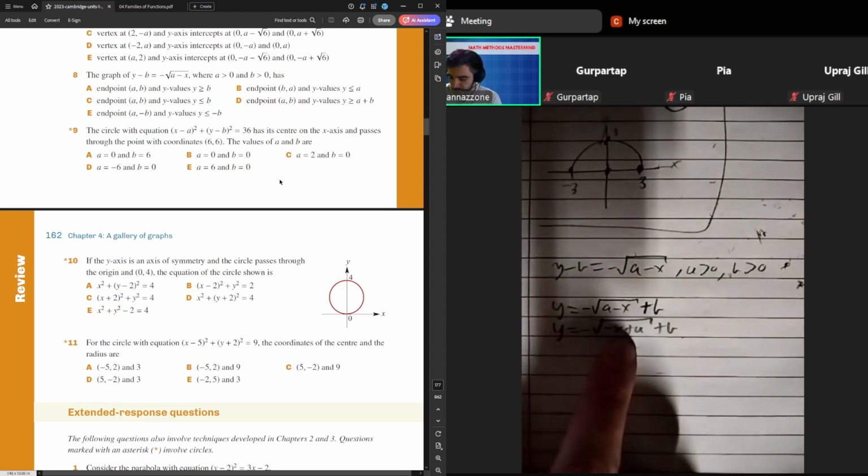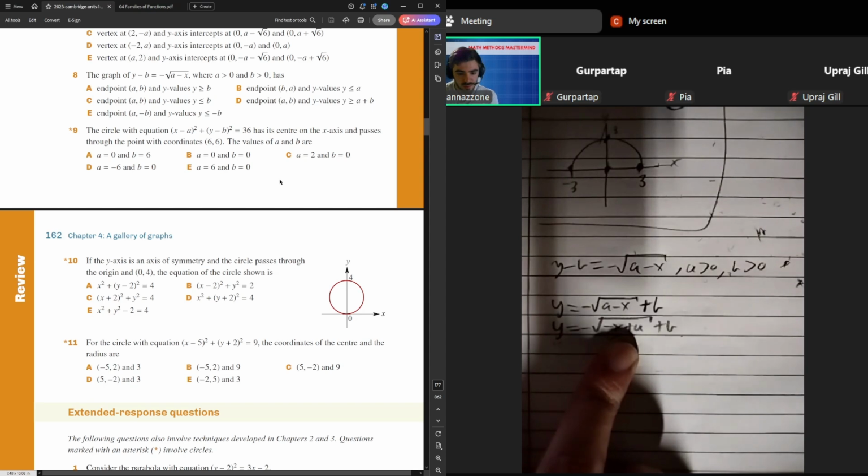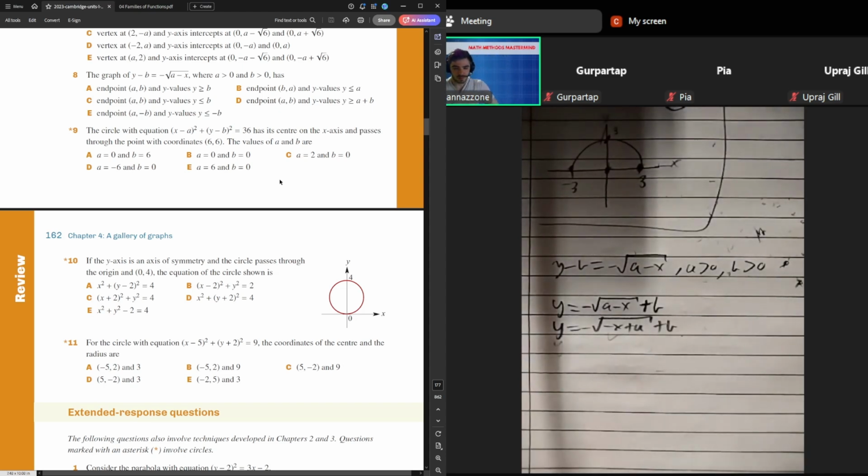Now, there's an interesting thing that we have to do here to know the true horizontal translation. Either tell me what we have to do to fix this up or what the actual translation would be.